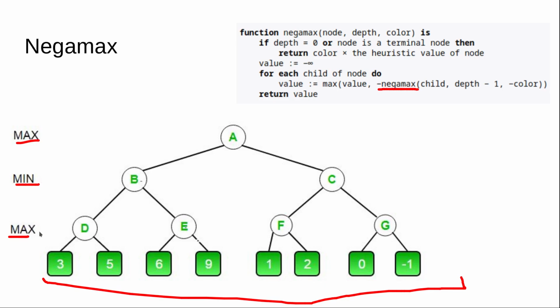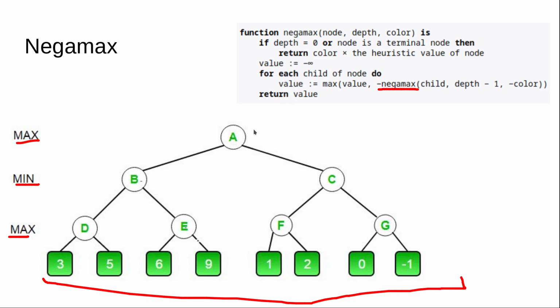So the score which is beneficial for the maximizing player is actually a loss for the minimizing player. So we would just try to run this Negamax over this thing, and see how it is going to work.